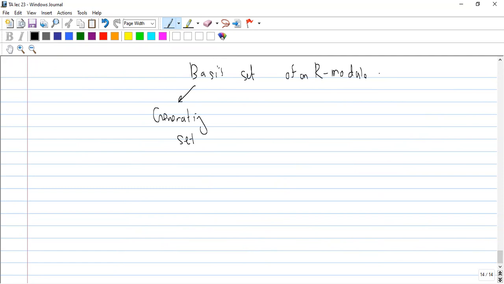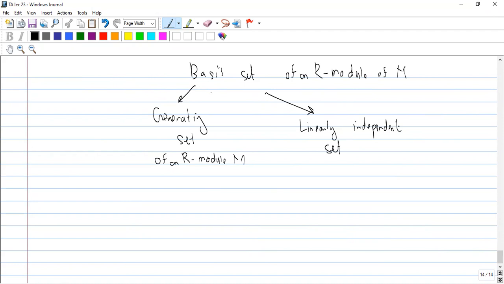So again, a set is called a basis set if, basis means that it is a generating set, that is, a spanning set as well. So a basis set of an R module M means that it is a generating set of the R module M, and plus it is a linearly independent set.